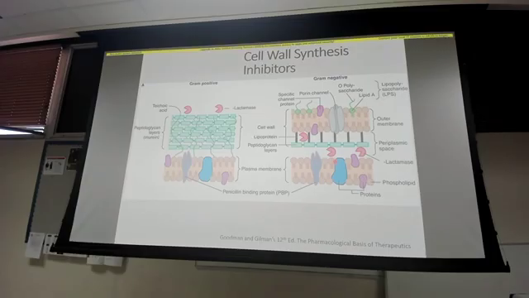Now, when I talk to you about this mechanism of your cell wall inhibitors, we're gonna use these a lot. People use penicillins a lot, people use cephalosporins a lot. This is one of your highly prescribed drug classes. So, we talked about our gram-positive, how we have that peptidoglycan layer here, and it's thicker in my gram-positive than whenever I'm in my gram-negative.